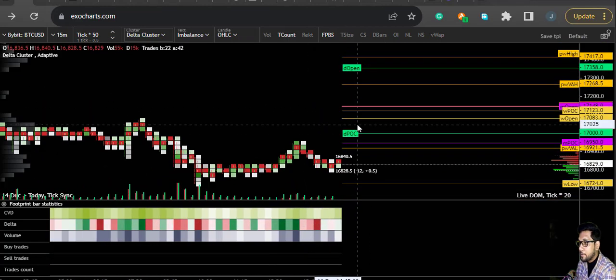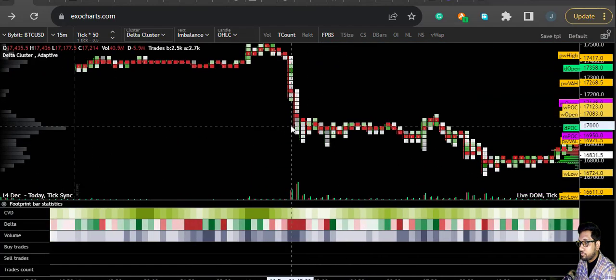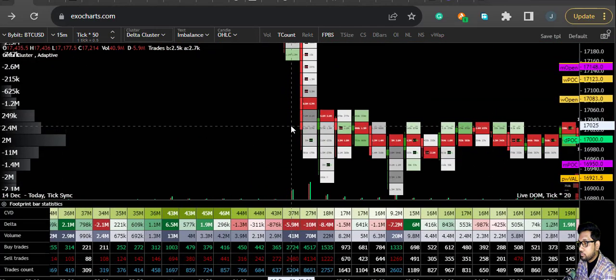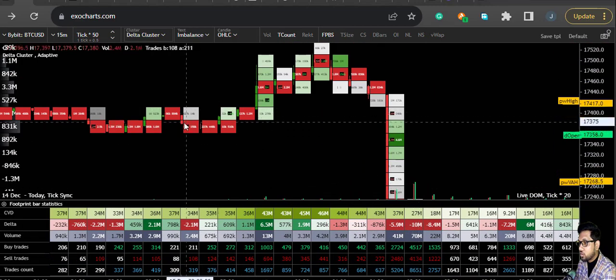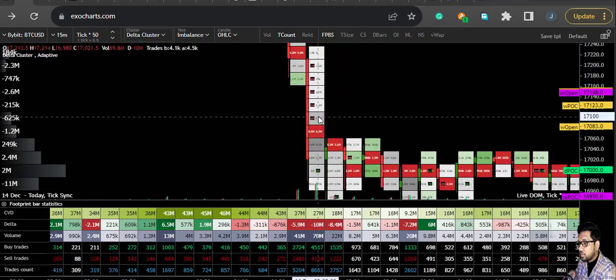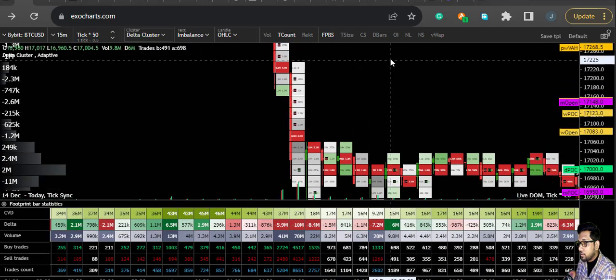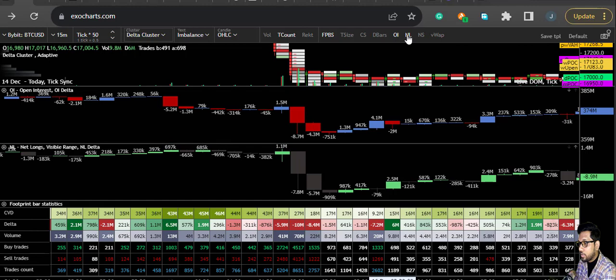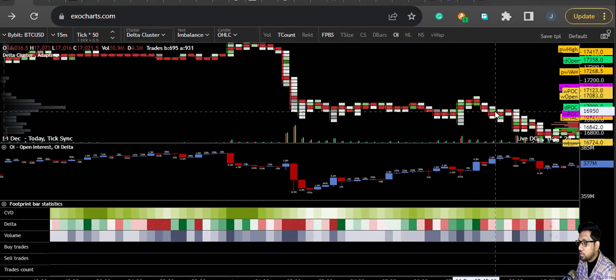You know, you see the aggressive shorts in these candles. Eventually, what happens is that most of the time market makers squeeze them all to the upside in just one bullish candle.